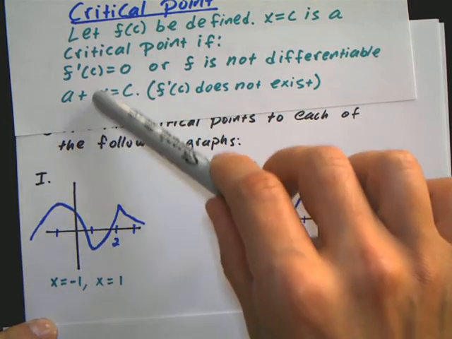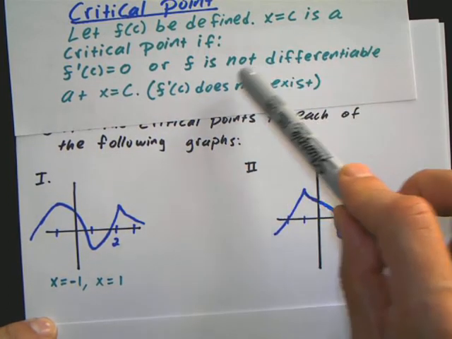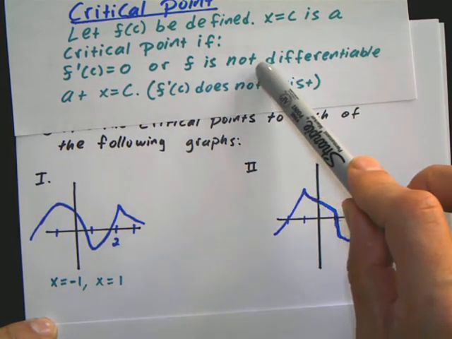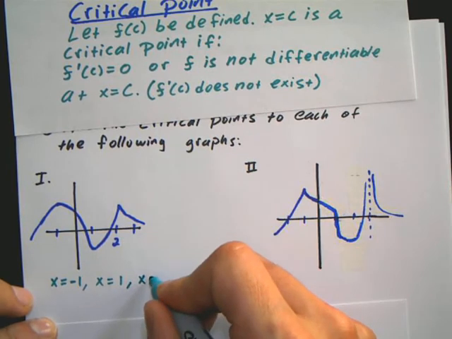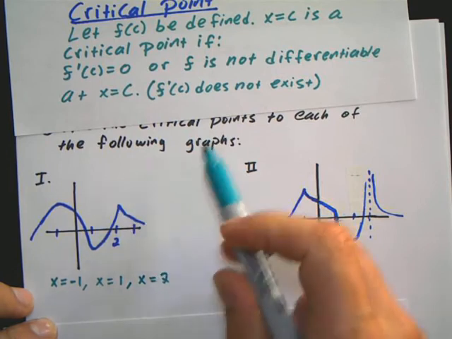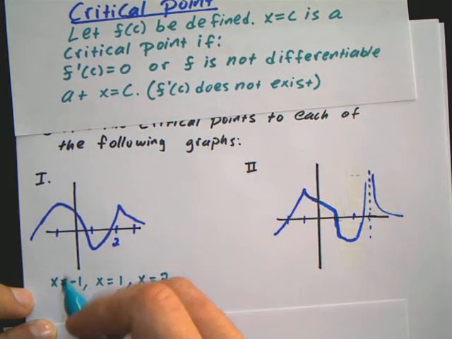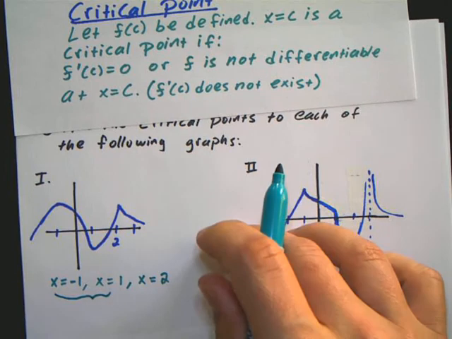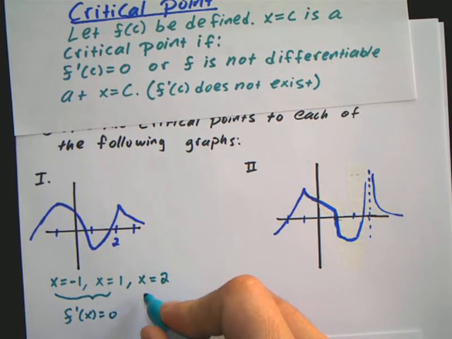And then based on the second half of the critical point definition, 2 is going to be a critical point because there's a kink right there. So at 2, there's a kink, which also makes the function not differentiable. So these two are points where the derivative is equal to 0, and this last one is where the derivative does not exist due to the kink.